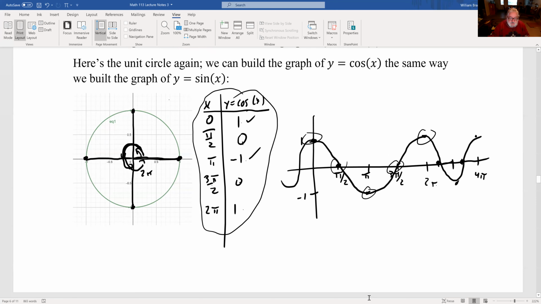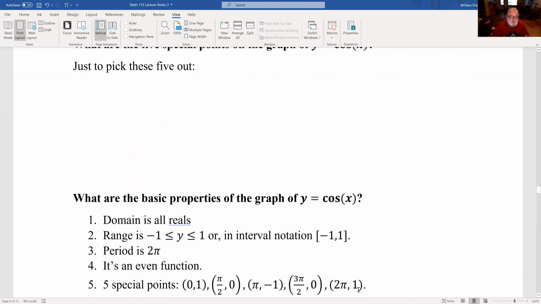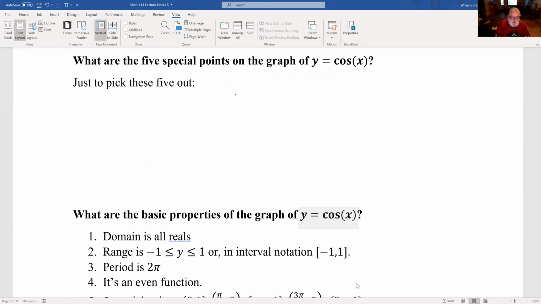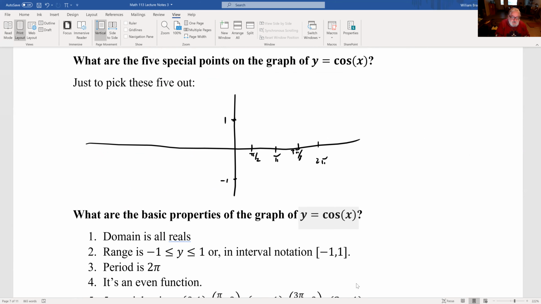I'll take this space to graph my cosine. Right, 2 pi, pi over 2, 3 pi over 2. 1, -1 on the y-axis.